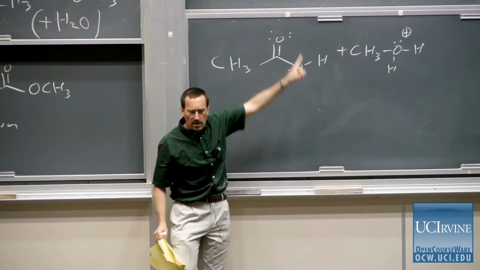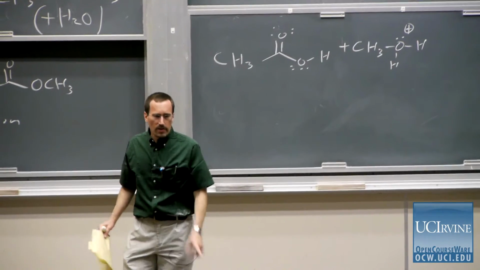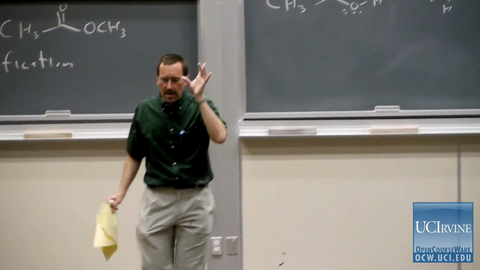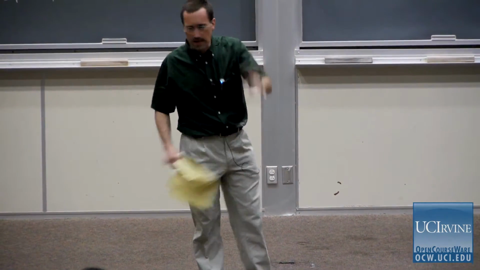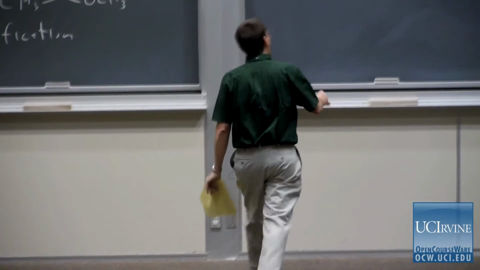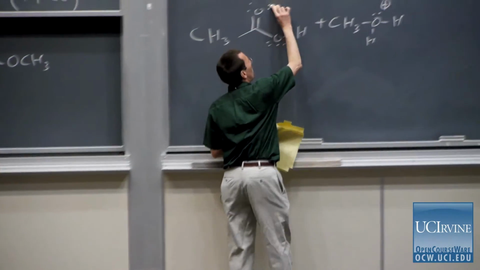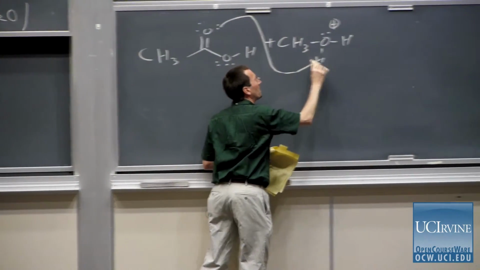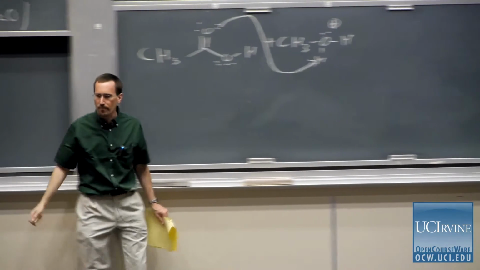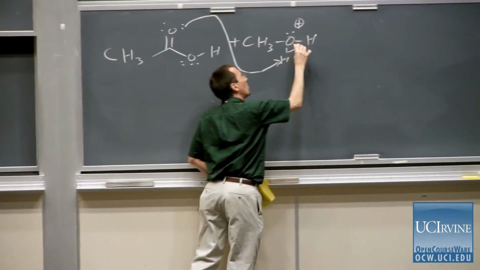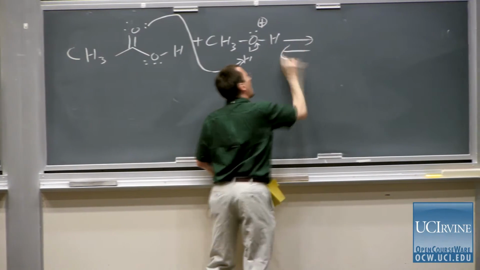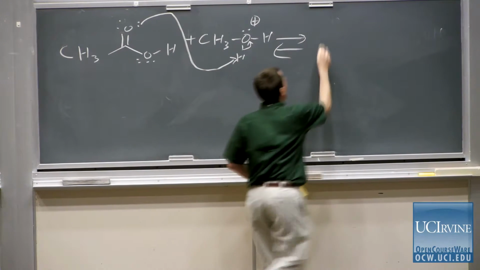When the carbonyl gets protonated, the carbonyl goes from being moderately electrophilic to being very electrophilic. We show the flow of electrons by drawing a curved arrow from the electrons to the hydrogen, representing the formation of a new bond. Electrons flow back onto the oxygen atom. We have an equilibrium.